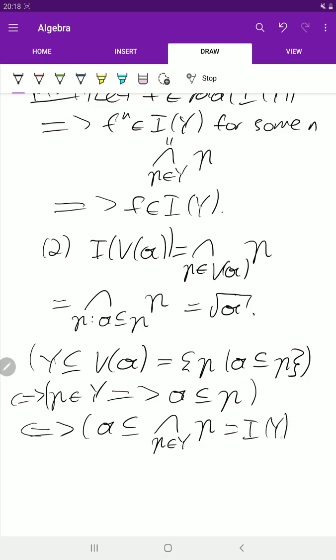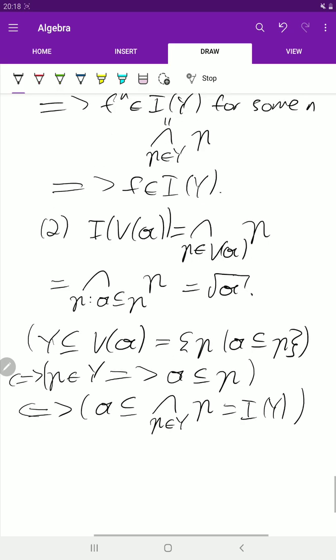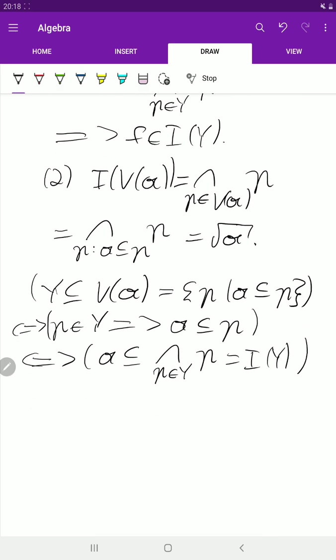So we get that Y is a subset of V of A if and only if A is a subset of I of Y. Okay, and now we use the property that I of Y is inclusion reversing and V of A is inclusion reversing.